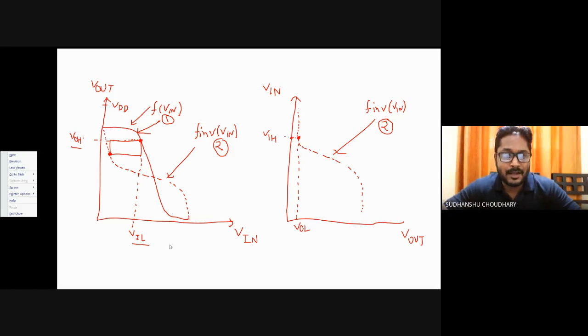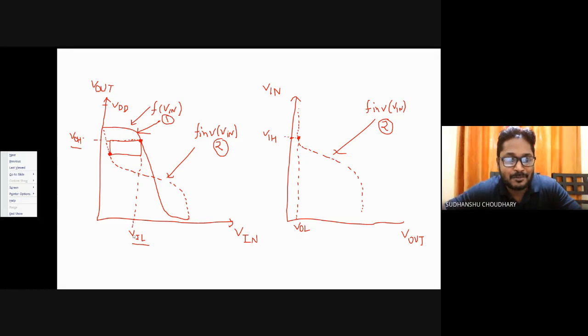Now VIL also corresponds to the highest possible logic low, or low voltage level, that you provide that will give you a high output, right? Since we want to apply a low logic level, it should obviously be 0, but because of some noise issues, this low logic level input is not exactly 0, it is something more, right?